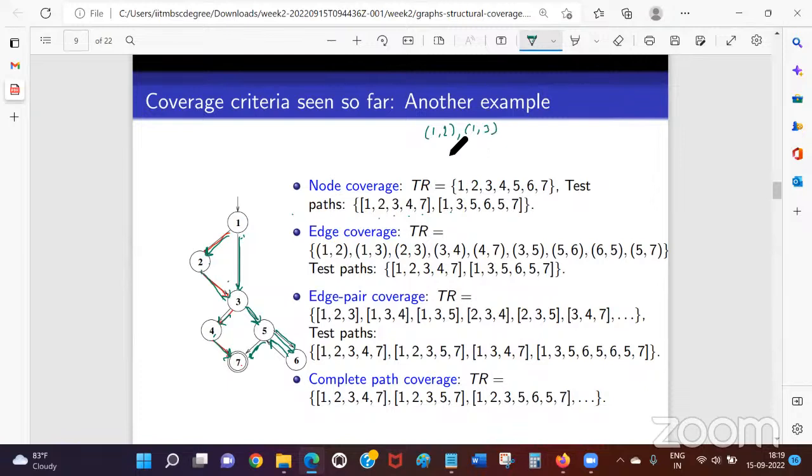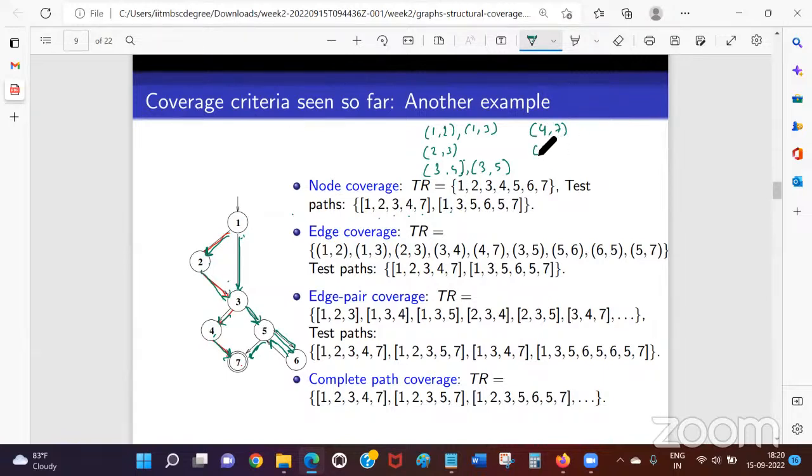Then from 2 you have 2, 3. From 3 you have 3, 4 and also 3, 5. Then from 4, you have 4, 7. There is nothing else.